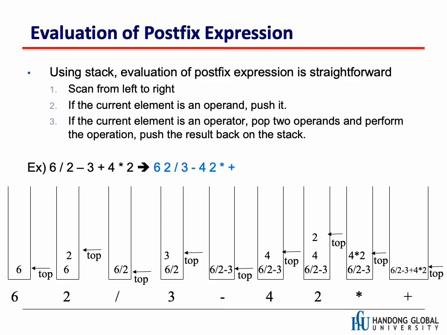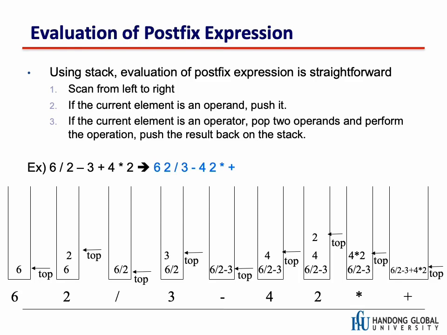Okay, so using the stack, we will evaluate the postfix notations, and that is straightforward. Basically scan from left to right. We assume that this is postfix notations. So we have these expressions in this blue color.